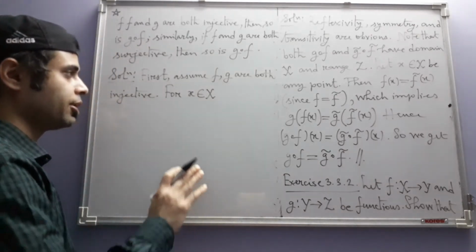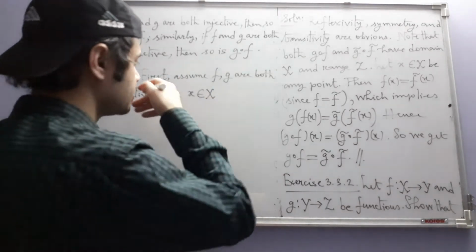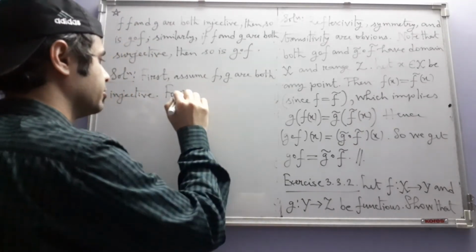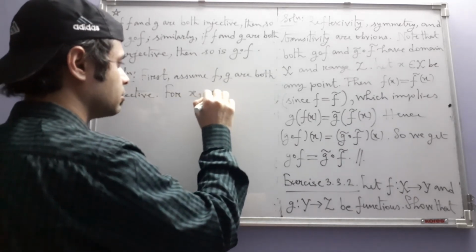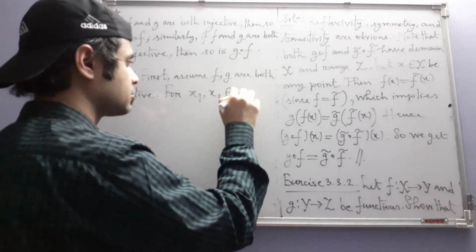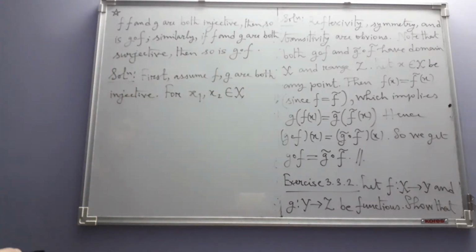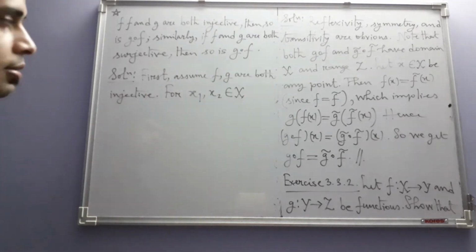Oh, I have to take 2 points actually, sorry, for x1, x2 belonging to X. For injectivity, I have to show that at 2 distinct points in the domain, the outputs are distinct.